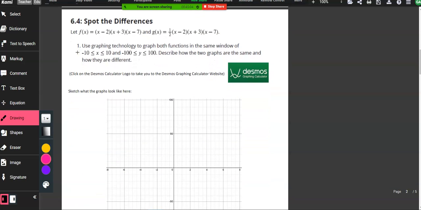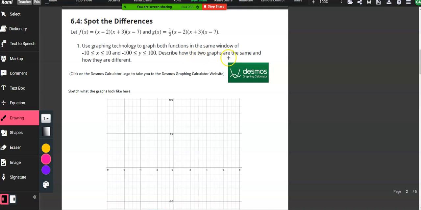6.4, Desmos. There's going to be a link here for the Desmos calculator. So what you're going to do, it says spot the differences. Here's one polynomial and here's another polynomial. Using graphing technology, either a graphing calculator or easier is the Desmos, you're going to modify the window, and I'll show you how to do that right now.